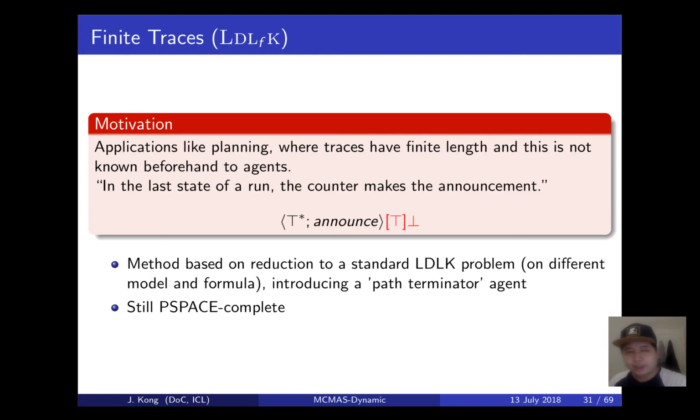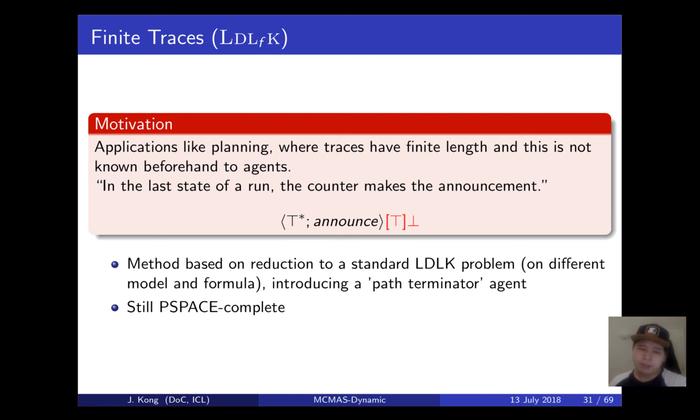So another extension considered was finite traces, and this is motivated by AI applications like planning, where traces might have finite length, and this might not be known beforehand to agents. And the method is based on reduction to an infinite trace LDLK model checking problem, although we transform the model and formulas accordingly to respect the finite traces, and intuitively this works by introducing a new agent that's able to control when the path is cut short.